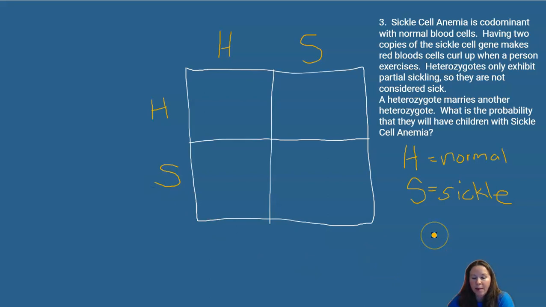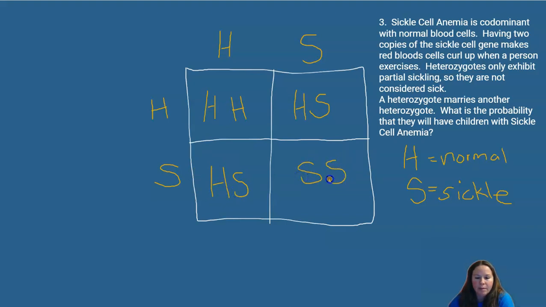Okay, then you fill in the boxes. Remember to do that on your sheet. Remember, heterozygotes are not considered sick, because they still make enough normal hemoglobin where they're fine.